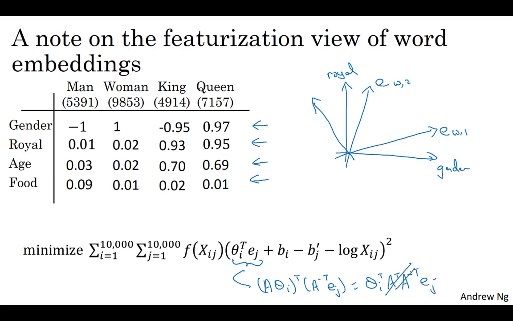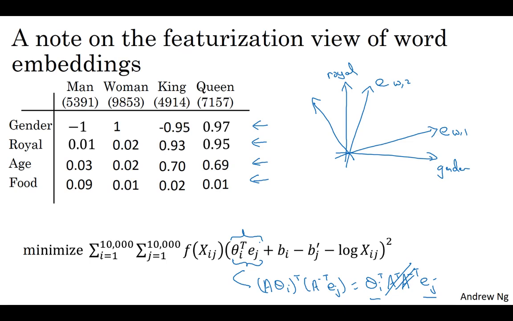And so the middle term cancels out and you're left with theta_i transpose e_j, same as before. Don't worry if you didn't follow the linear algebra, but that's a brief proof that shows that with an algorithm like this, you can't guarantee that the axes used to represent the features will be well aligned with what might be easily humanly interpretable axes.